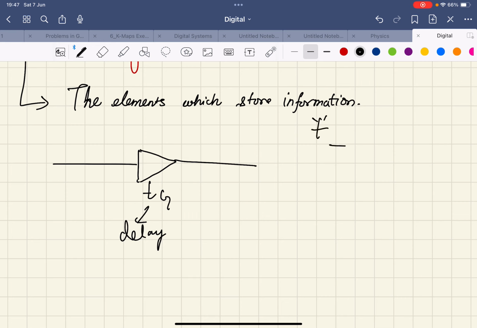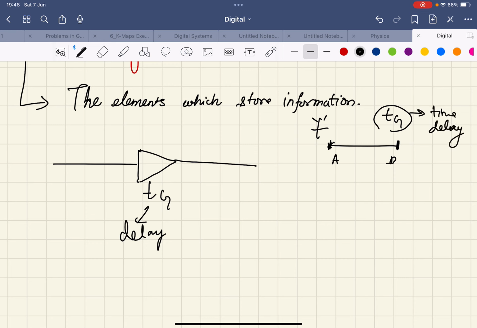The signal has to reach the destination from A to B in time t. But due to some problem in the circuit, it took extra time. Let's say tg. tg is the time delay.